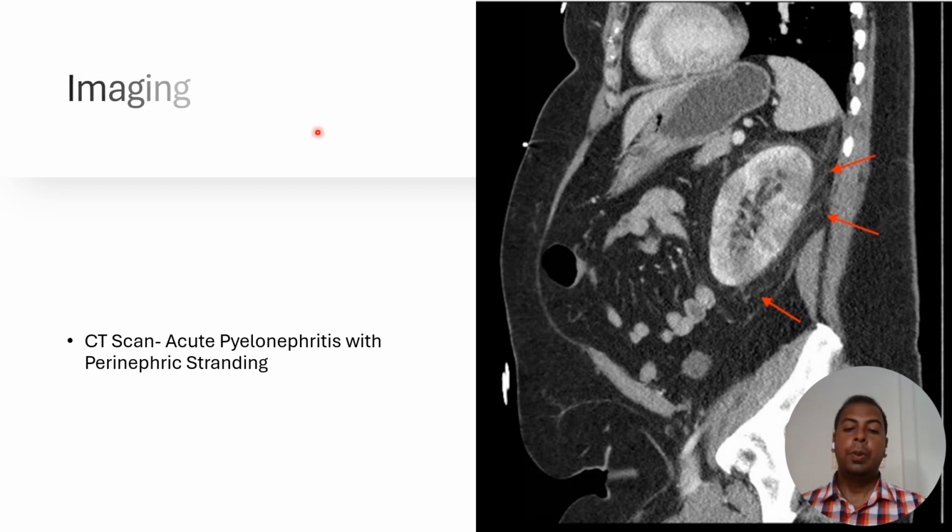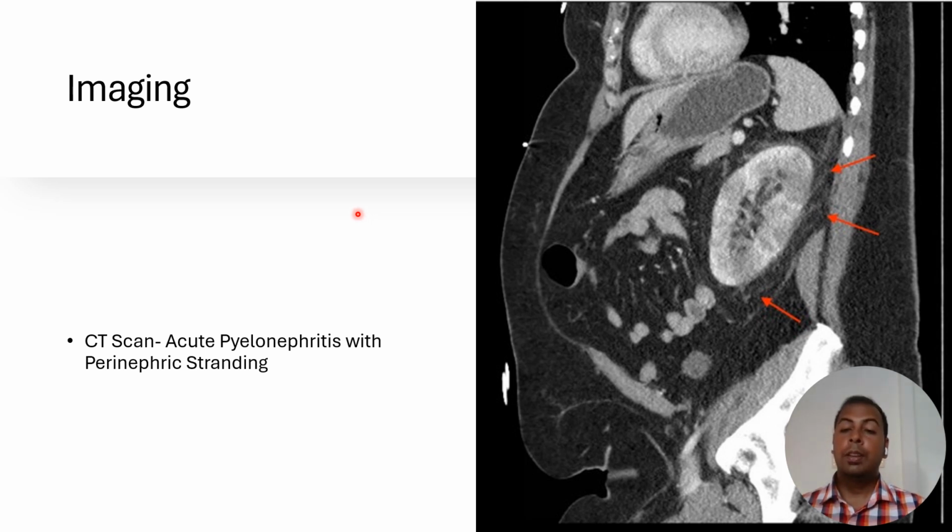All right, so in terms of imaging for pyelonephritis, we don't typically always do imaging for patients with acute pyelonephritis. Reasons why we would do imaging is if a patient is being treated for pyelonephritis, but their symptoms and their condition is not resolving.